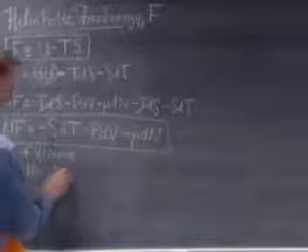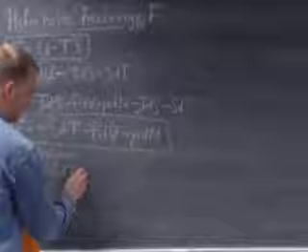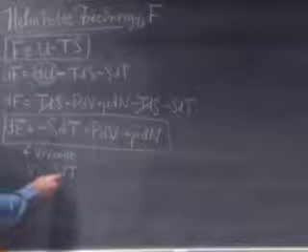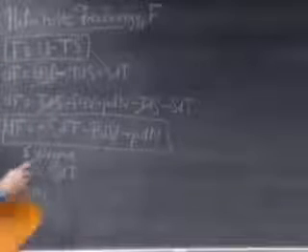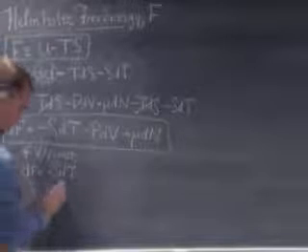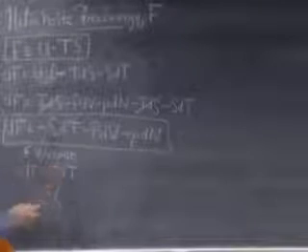Then dF equals negative SdT plus 0, which means that if I solve for the entropy in terms of these, I get negative, put that negative up front, negative dF by dT.